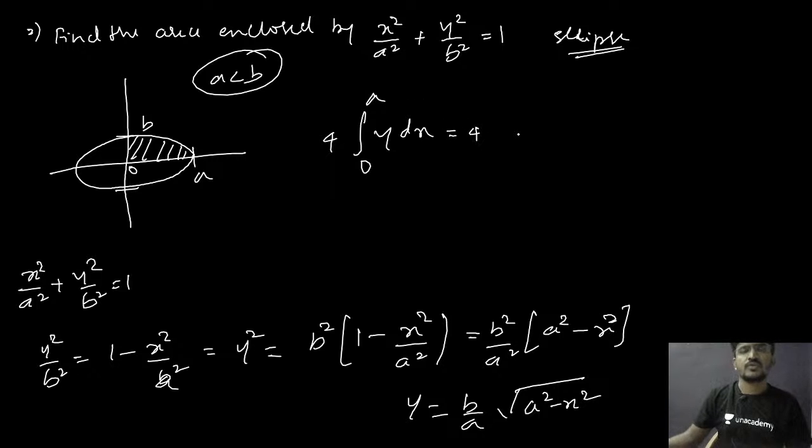Now this is going to be equal to 4b by a times the integration of square root of a square minus x square from 0 to a with respect to dx.